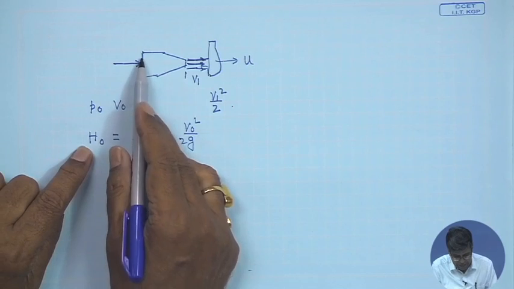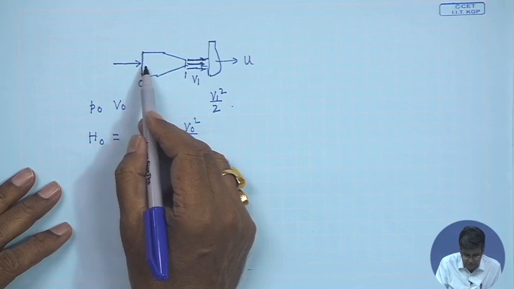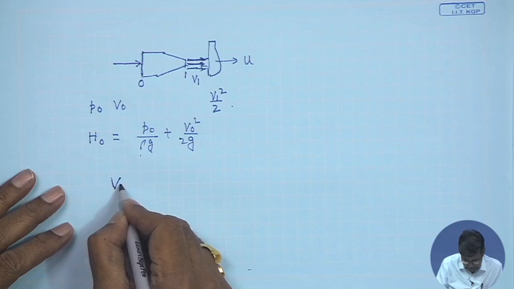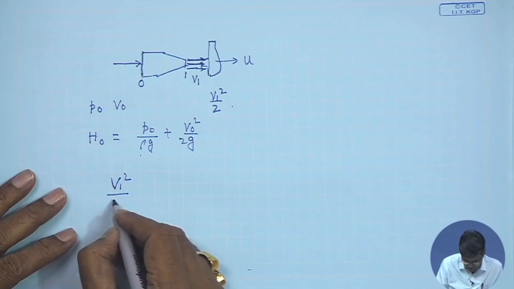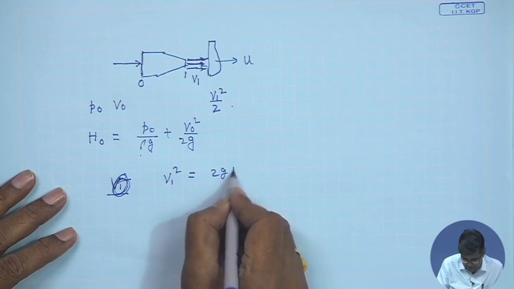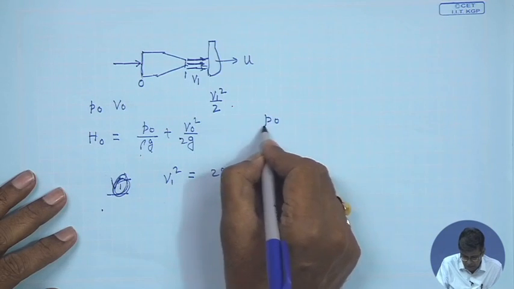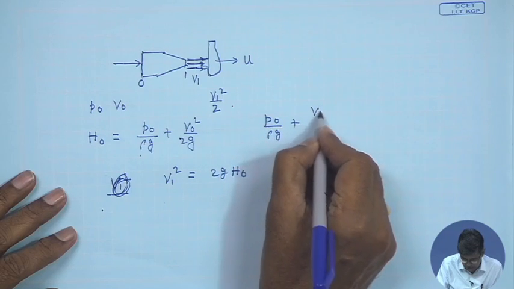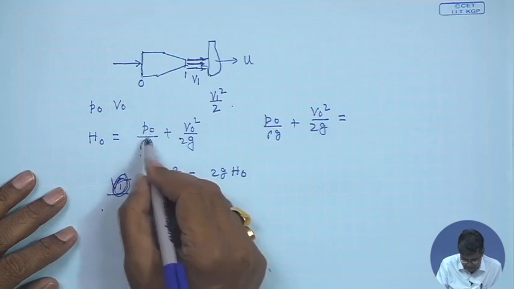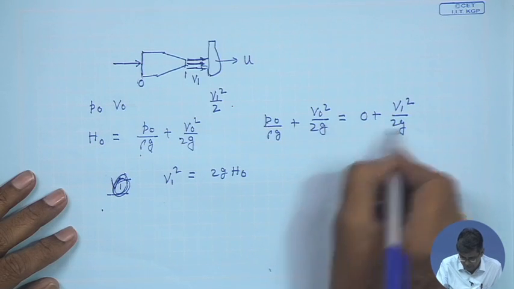So this is the head at the inlet, and if this pressure is above atmospheric pressure, then by applying Bernoulli's equation, neglecting friction, we can write V1 square is equal to 2gH0, because the Bernoulli's equation gives P0 by rho g plus V0 square by 2g equal to, here the pressure is atmospheric, if P0 is the gauge pressure, then this is 0 plus V1 square by 2g, in terms of head per unit weight.